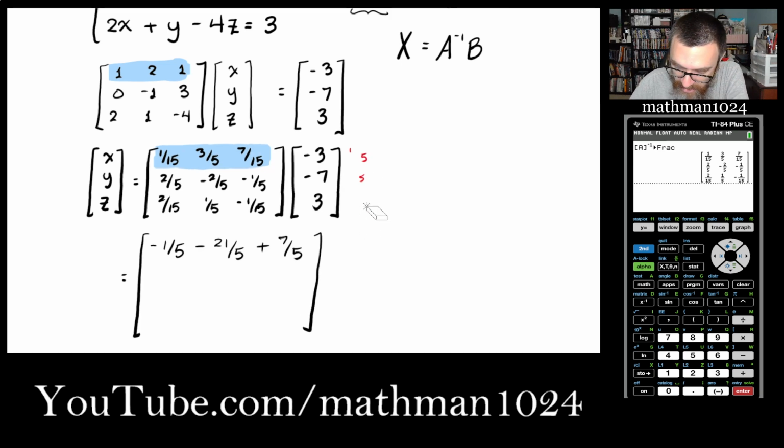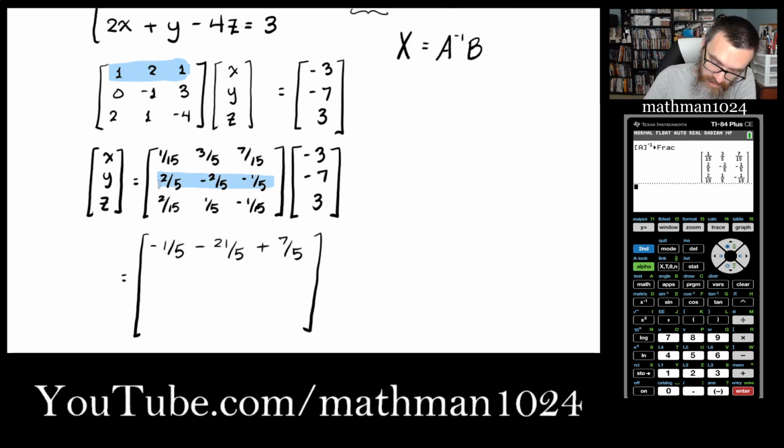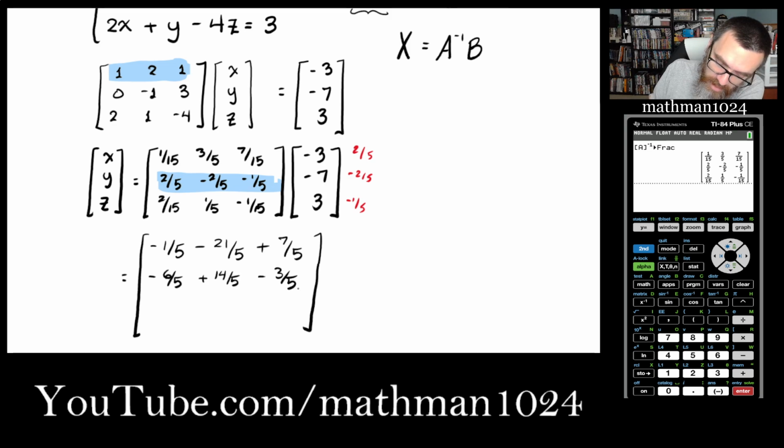All right, then I'm going to do the same thing with my next row, right? So if I use this and I turn that vertically and I do the product, that gives me negative 6 over 5 plus 14 over 5 minus 3 over 5.